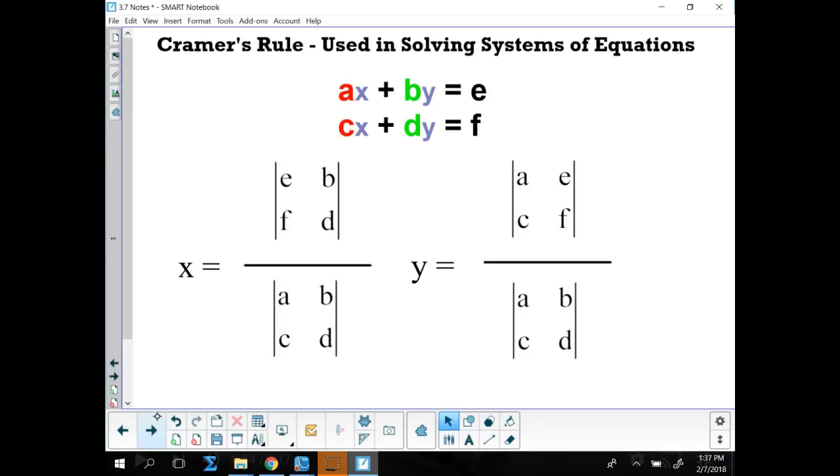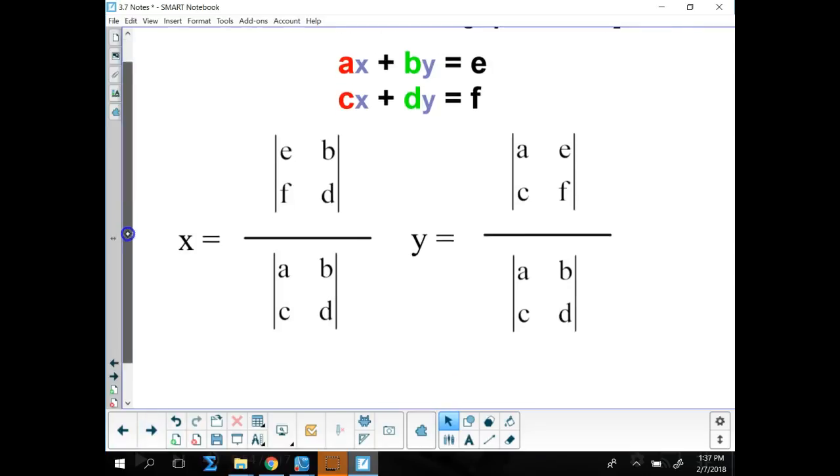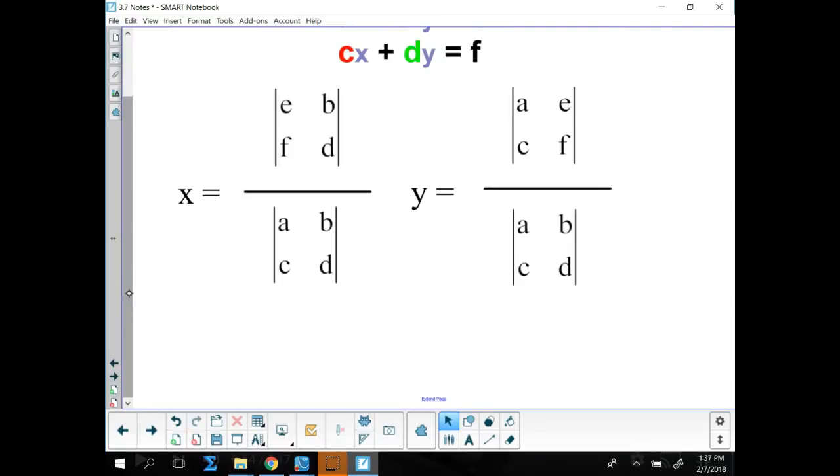Now, don't memorize this slide. Memorize the pattern that is being shown in this slide. I have never once in my 20 years of teaching memorized Cramer's rule. I memorized the pattern. First off, down here in your denominators, you have 2 determinants. They're the same.